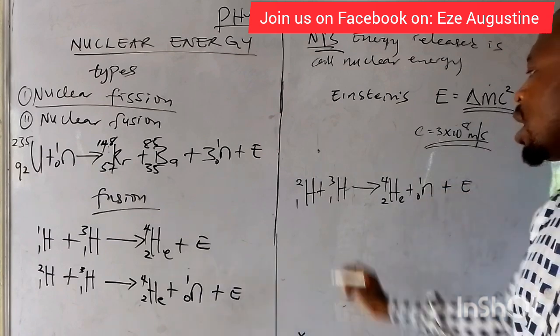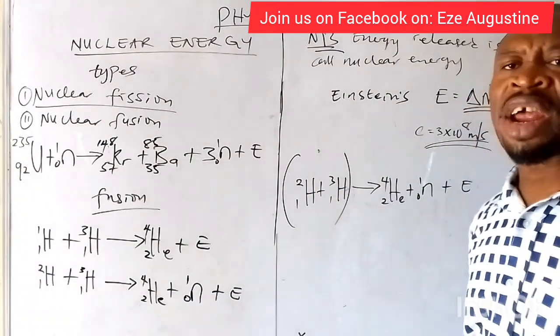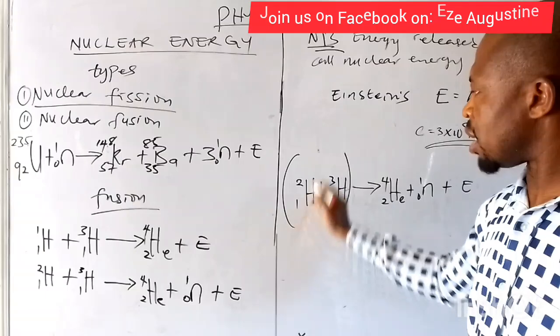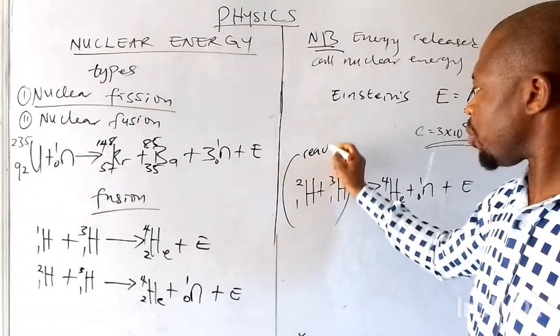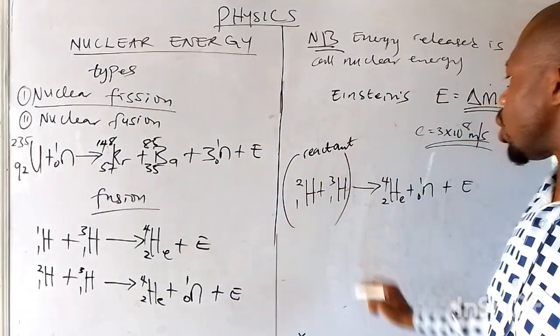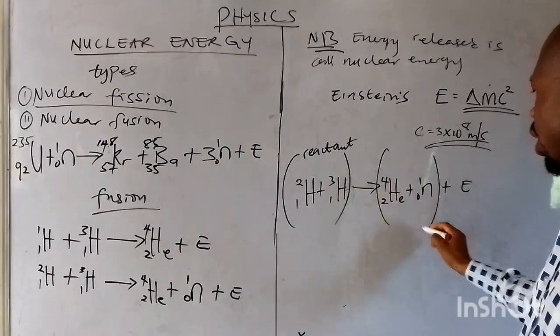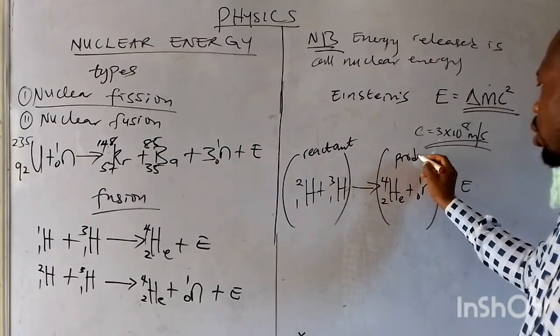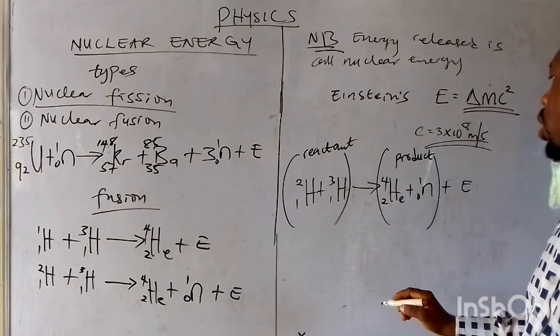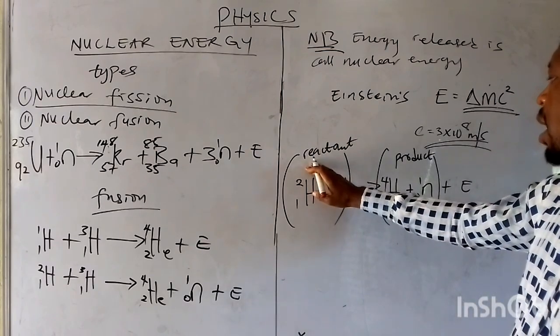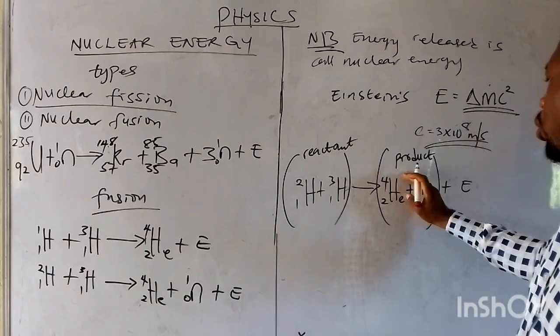This side is called the reactant, while this one here is the product. So, reactant equals the product plus this.